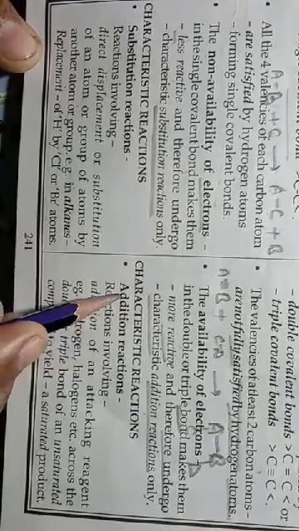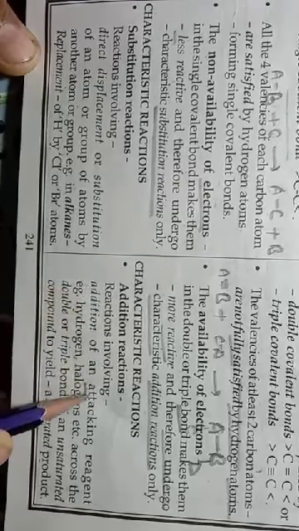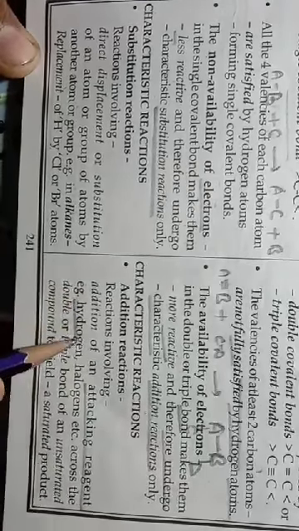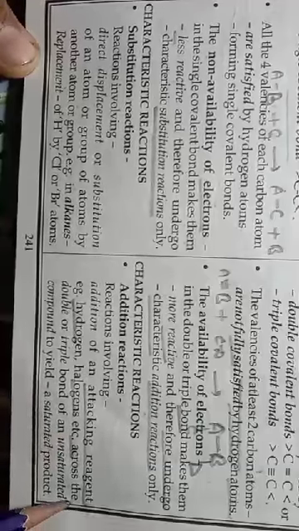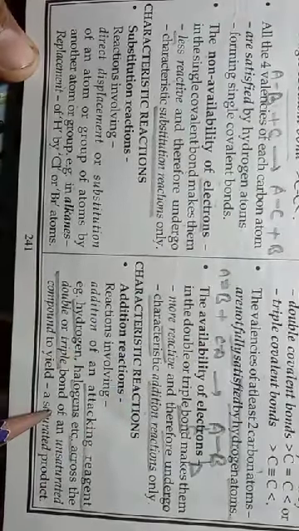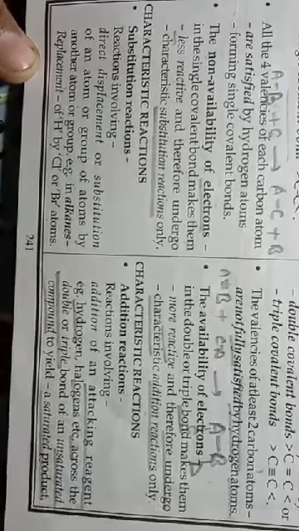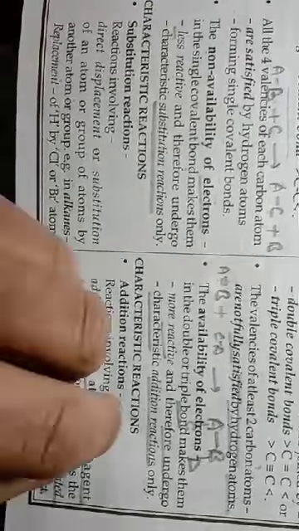Addition reactions involve addition of an attacking reagent like hydrogen, halogen, etc. across the double or triple bond of an unsaturated compound to yield a saturated product. Next page.